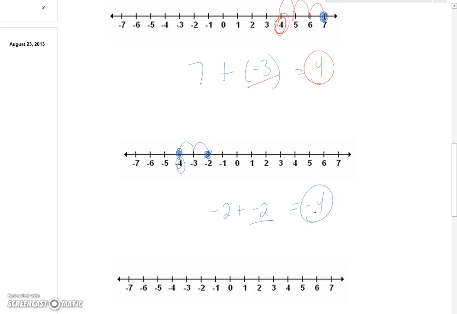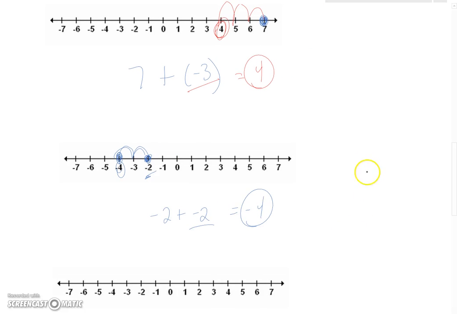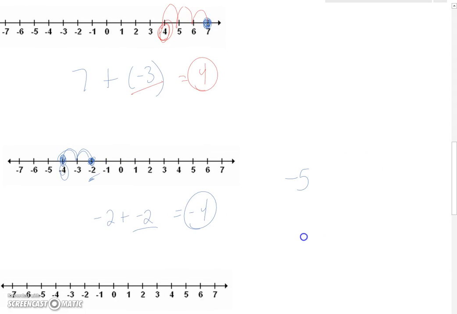This also makes sense if you think about it. If you start at a negative number like negative 2, and you're adding more negative, you're going to go further back. Again, it's like if you lost $5, and then you lose another $6.